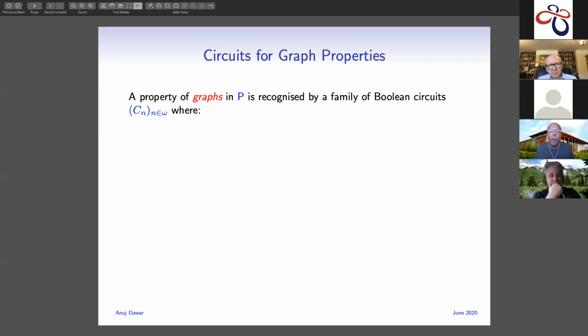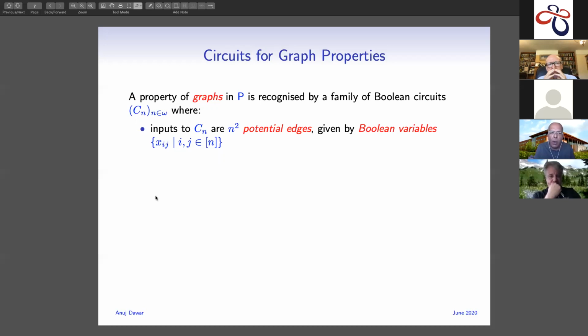Okay, so now a property of graphs is recognized by a family of Boolean circuits. So the inputs are the potential edges of the graph. There may be, let's say, on an n-vertex graph, n squared of them. If we're thinking of a directed graph, let's say, which may or may not have loops as well.